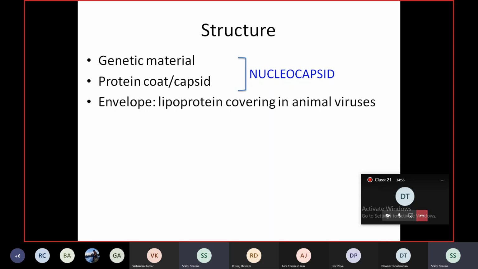Together, you generally call the genetic material and the capsid the nucleocapsid. There are some viruses which have a second protective layer known as the envelope. This layer is usually derived from the cell membrane of the host with certain modifications. You will see it is very similar in chemical composition to that of the host cell.